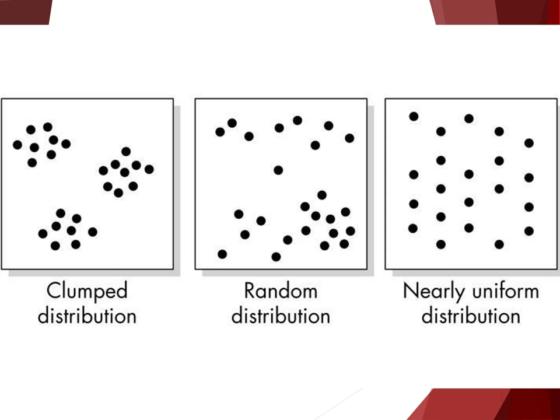At other times, distribution may look random without any particular pattern. And rarely do individuals display a nearly uniform distribution. In a diagram of a nearly uniform distribution, individuals within the population are spread relatively evenly throughout the habitat.